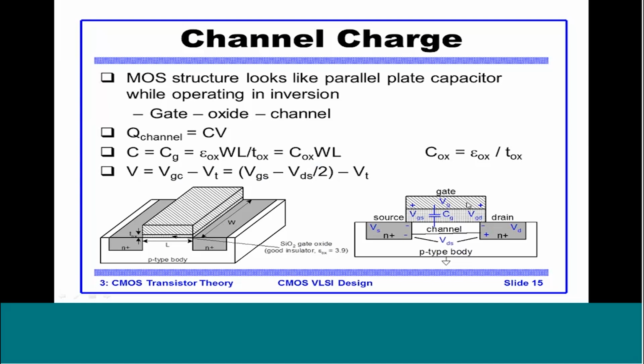The voltage that matters, that pulls the charge and results in forming the charge, is actually the gate to this region. Since we are talking about capacitances at these two points, it will be VGS minus VDS by 2 minus VT. We must never forget to take VT into account, because VT is the voltage required to overcome the threshold of the junction. So it should always be subtracted from VGS. So we got the value of C and V.